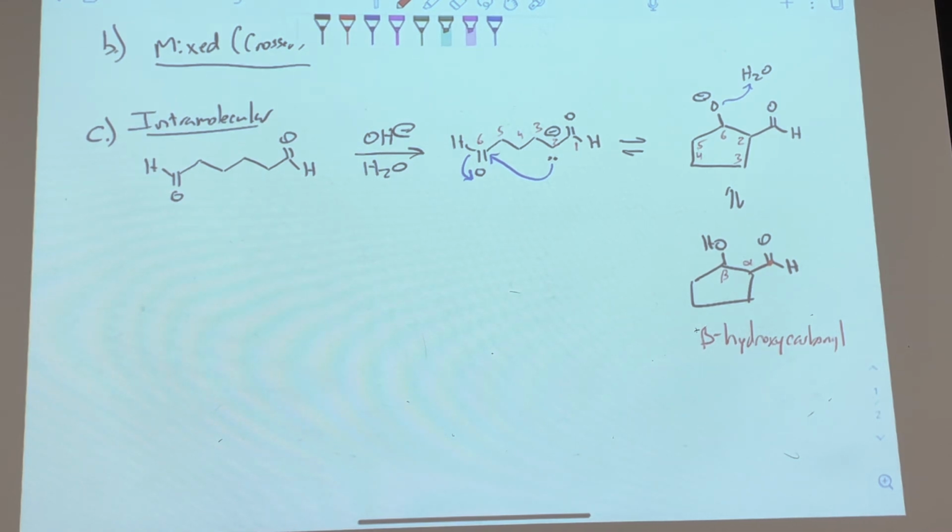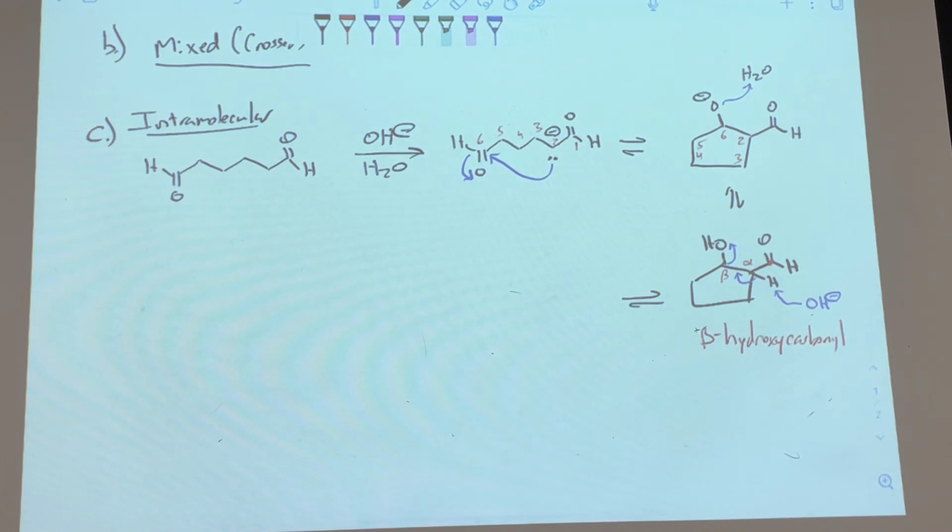Right? Now, just as in the previous examples, these are notoriously difficult to isolate, and usually you can't. So what will end up happening, you've still got an acidic alpha proton. It's still in base. And so that is going to deprotonate there and kick out the hydroxide.